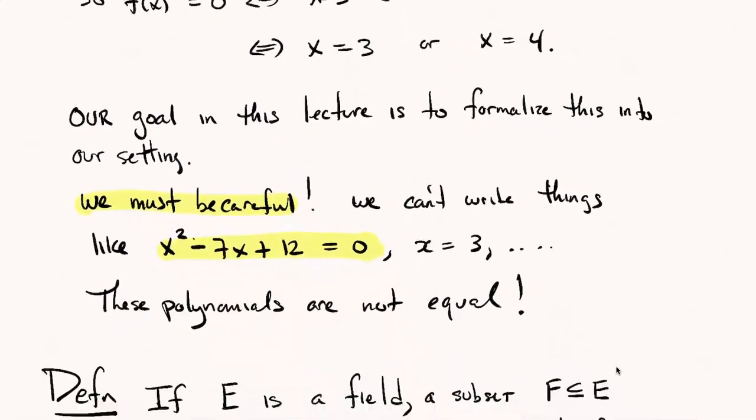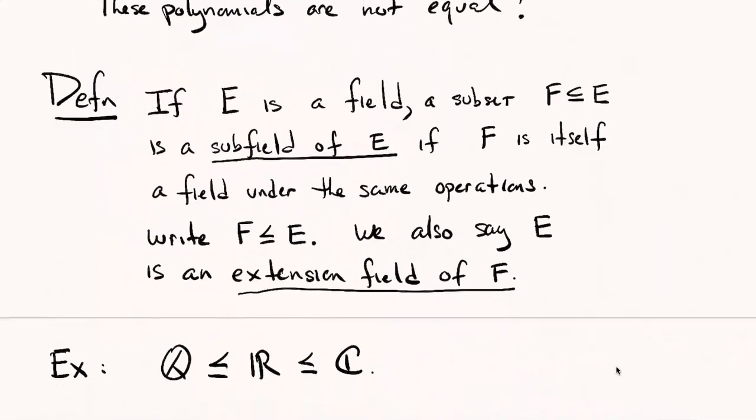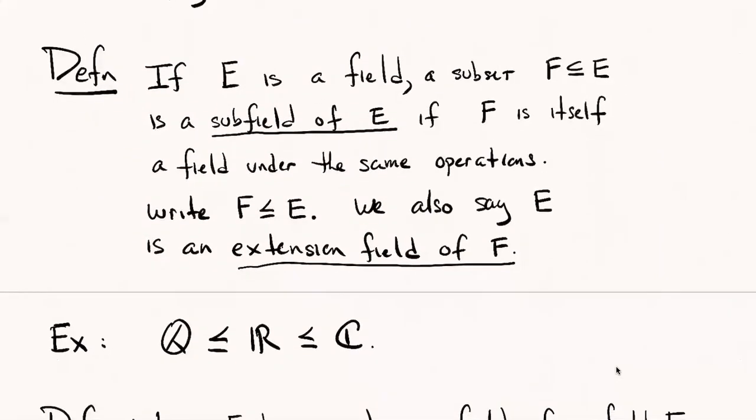So this is how we're going to do it. As a preliminary definition, first of all, if you take some field, I'm going to call it E, then a subset of it, and I hope this feels like a natural definition, is called a subfield if it's itself a field under the same operations. We're going to use the same kind of notation we use for subgroups and subrings, the less than or equal to sign.